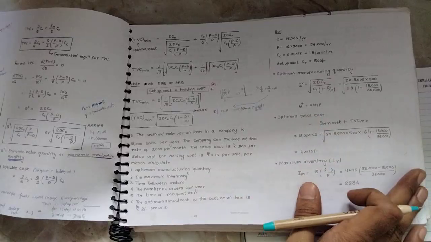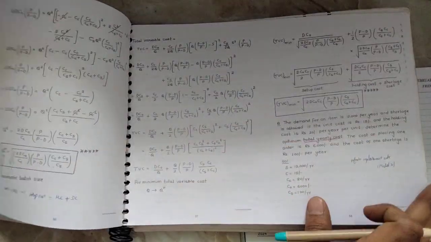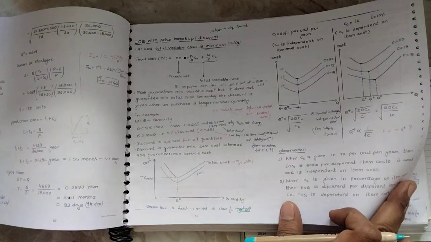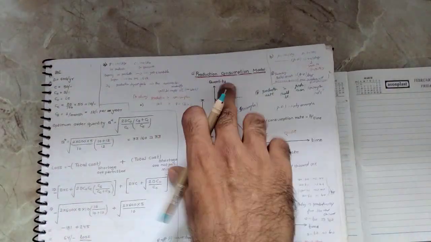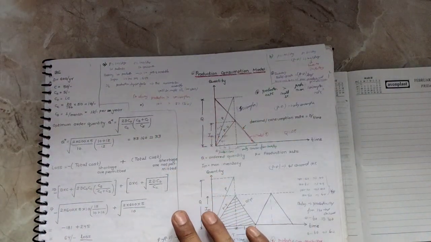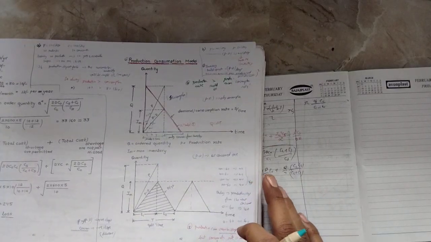I'll explain this and we'll finish up the chapter. Maybe I need only 2 classes to finish this, it's entirely theory. The production and consumption model is like tea manufacturing and coffee manufacturing. On one side they are producing and on another side they are using, that's it.